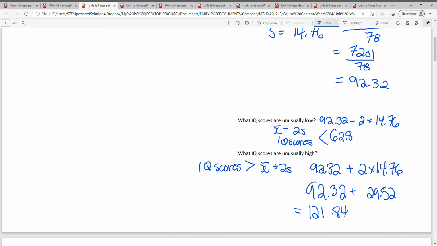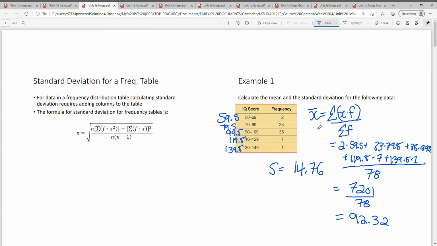So IQ scores that are greater than 121.84 are considered unusually high. So this is a way of determining the standard deviation and x bar of a frequency distribution table.